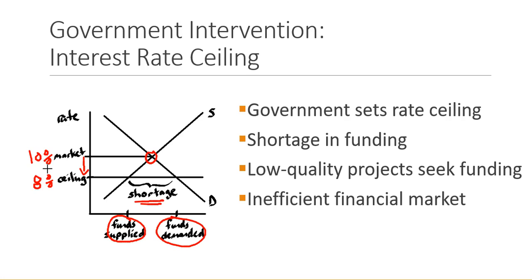But what should really be happening is that lenders should be able to get a 10% return on their money, a 10% interest rate, and that should shut out any project that has a return less than 10%. With the ceiling in place, then projects between 8% and 10% are in a situation that give an attractive look to the financial analysis. Again, a project with a 9% return looks attractive when financing is available at 8%.